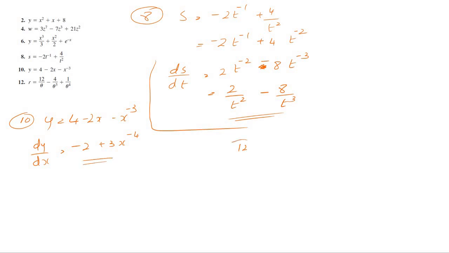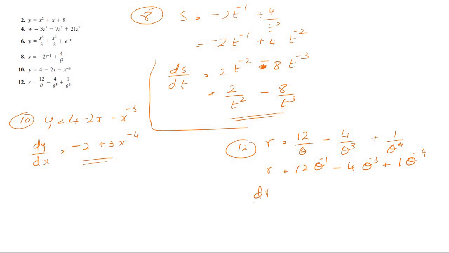So 12, r equals 12 over theta minus 4 over theta cubed plus 1 over theta to the power 4. Let's take all the denominators to the numerator. So we get r equals 12 theta to the power minus 1 minus 4 theta to the power minus 3 plus 1 theta to the power minus 4.